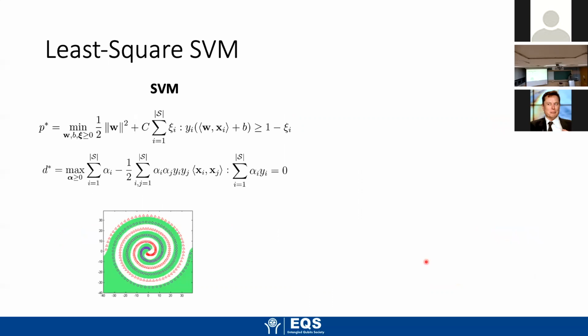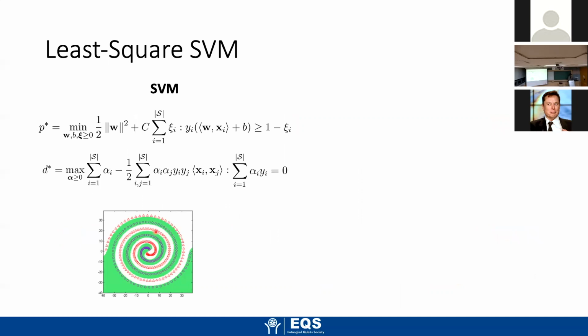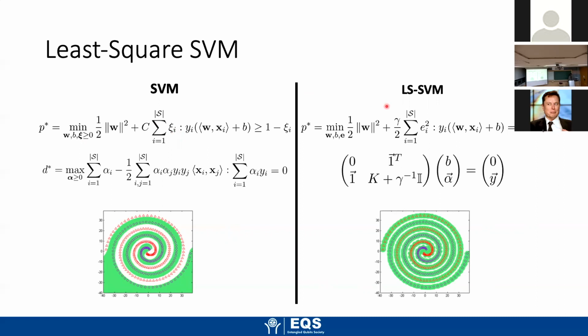In this paper, they use a different kind of SVM, which is called least squares SVM. So the equation is given like this. The difference is that in the usual SVM, you have an error here, and the error should be positive. But in least squares SVM, you have a square of some kind of error, which is given like this.